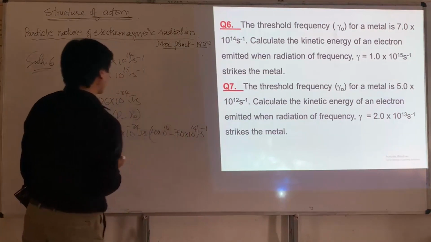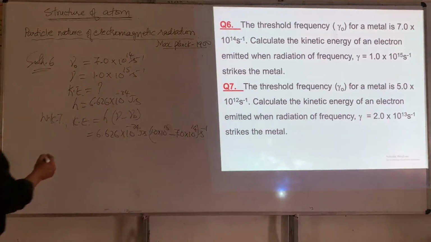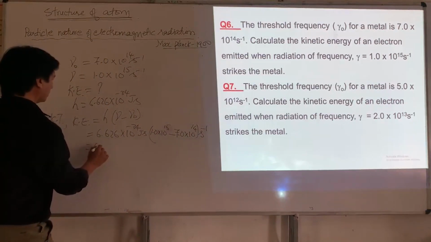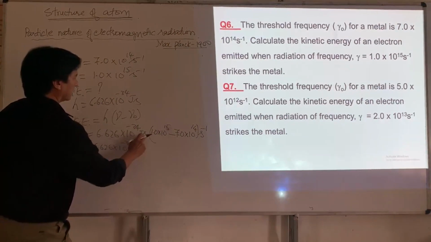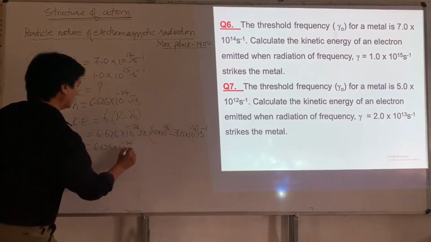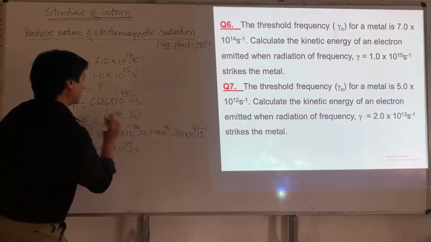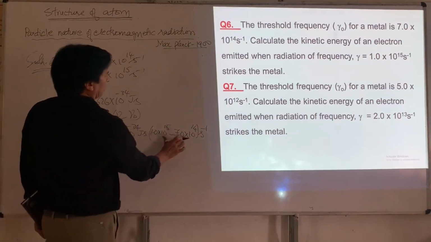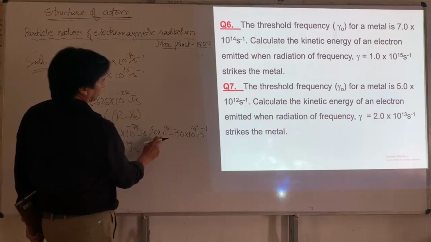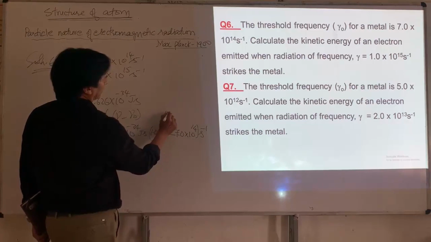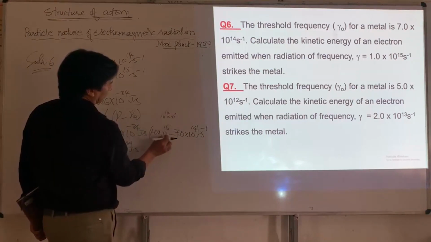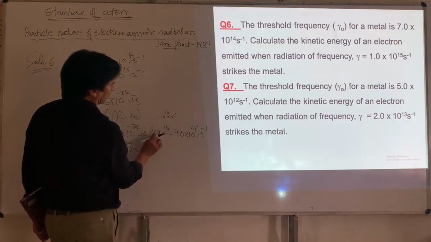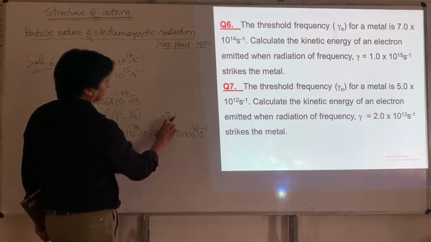I write it here. Now what you will say is, this is 6.626 into 10 raised to power negative 34 joules second. Now to simplify this expression, this is 1.0 into 10 raised to power 15. I'll make it 10 raised to power 14 into 10 raised to power 1. I keep 10 raised to power 14 here and then multiply this 1.0 by 10.